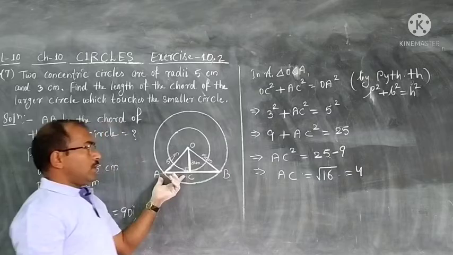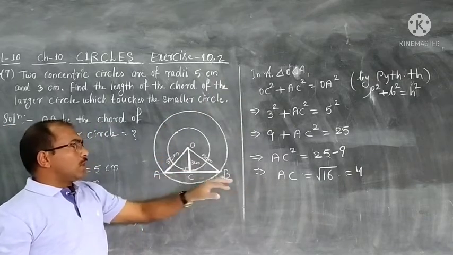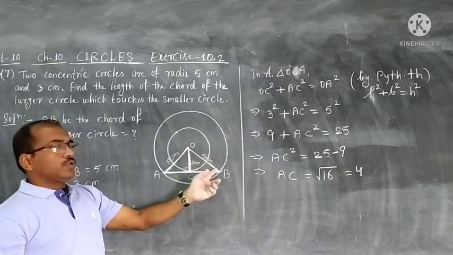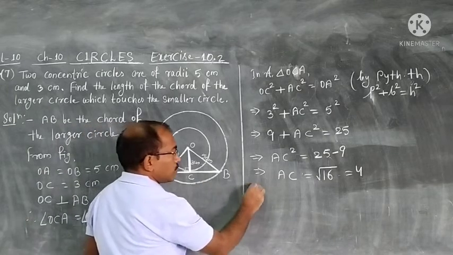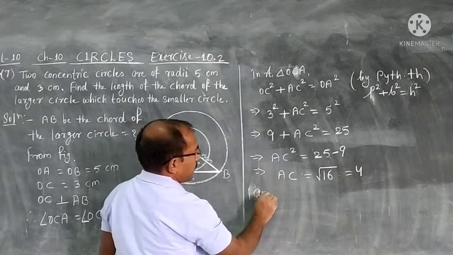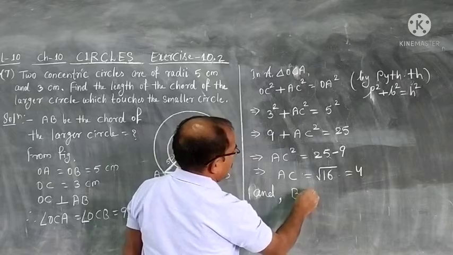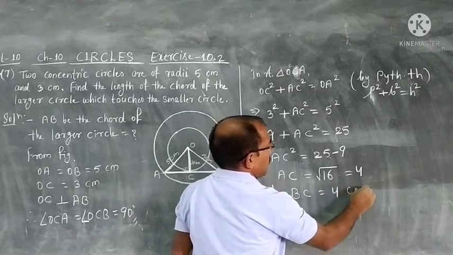So, AC is 4. The same work we do in the other triangle, hypotenuse 5, perpendicular 3, surely base will be 4. So BC also will be equal to 4 centimeter.